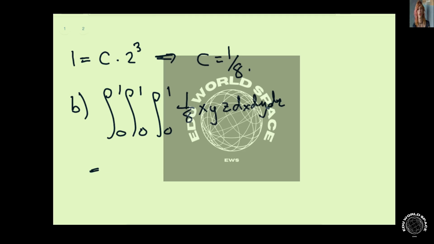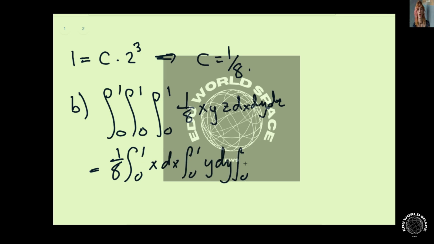And very similarly, like the previous part of this problem at least, we can do the same thing basically, right? 1/8 integral 0 to 1 of x dx, integral 0 to 1 of y dy, integral 0 to 1 of z dz. And just looking at one separate one of these, we get 1 over 2.